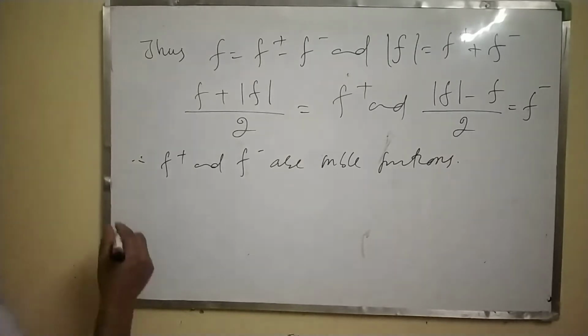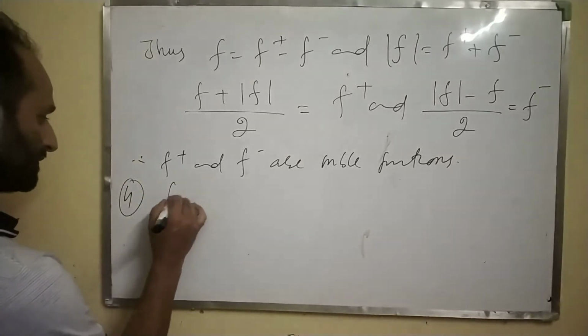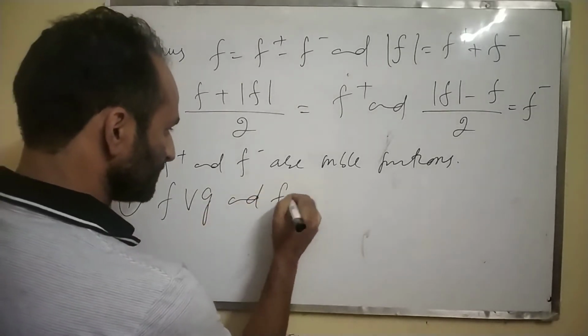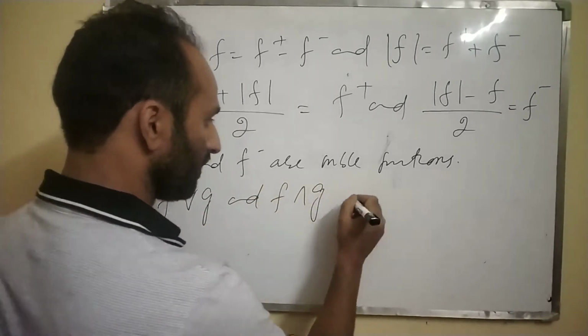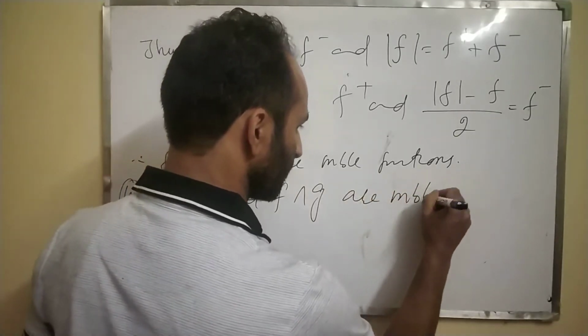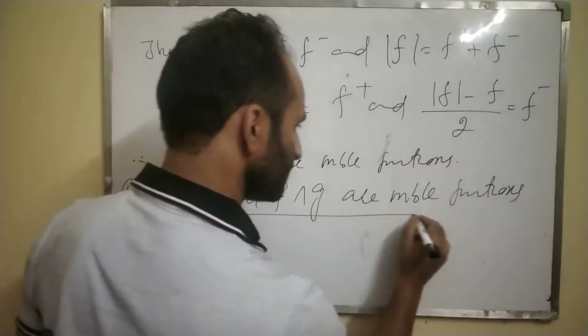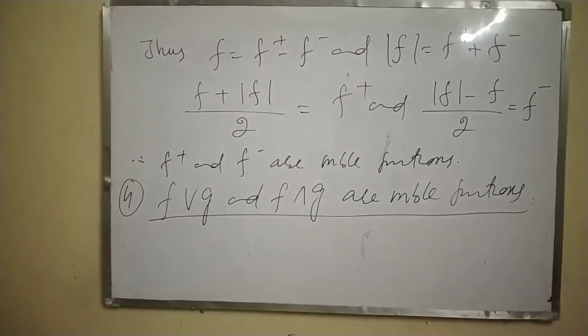Now let's do the last part. The maximum of f and g and minimum of f and g are measurable functions.